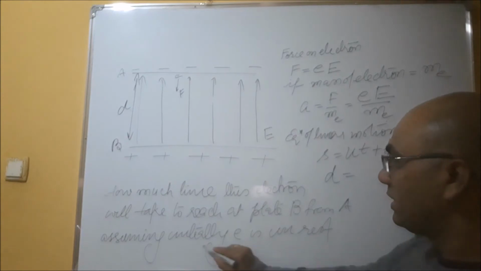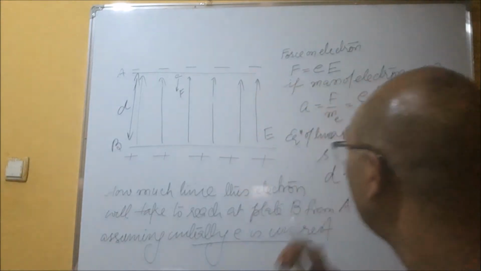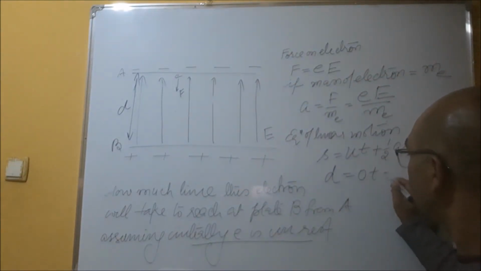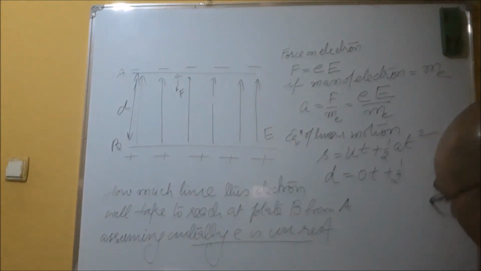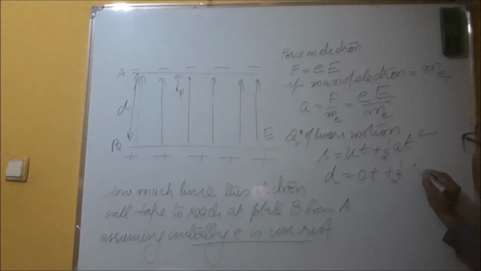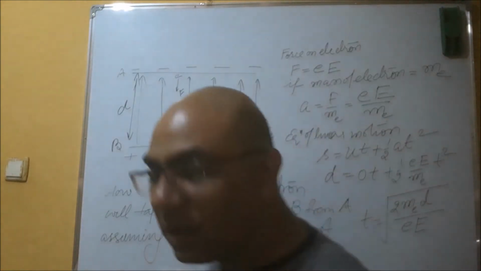Given that initially the electron is at rest, this means the value of u is 0, plus half a t square, where a is eE upon me. So when we find t, it will be the square root of 2 me d divided by eE. So this will be the answer.